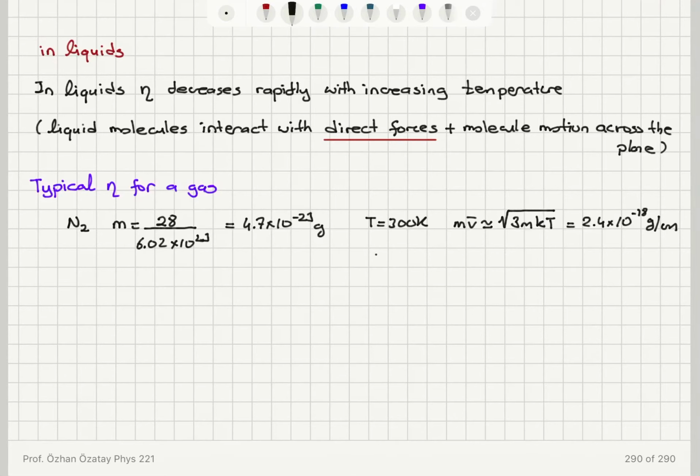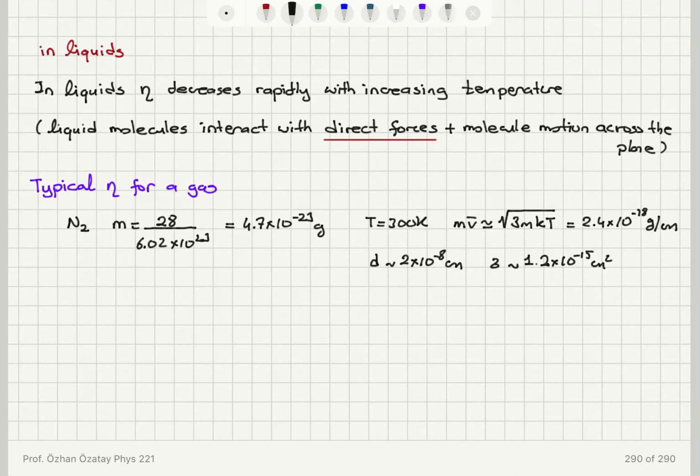We can estimate the diameter of a molecule to be 2 × 10^-8 centimeters. The total scattering cross-section we can estimate to be 1.2 × 10^-15 centimeters squared.